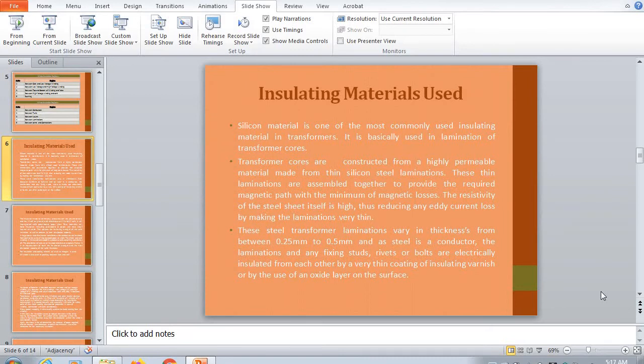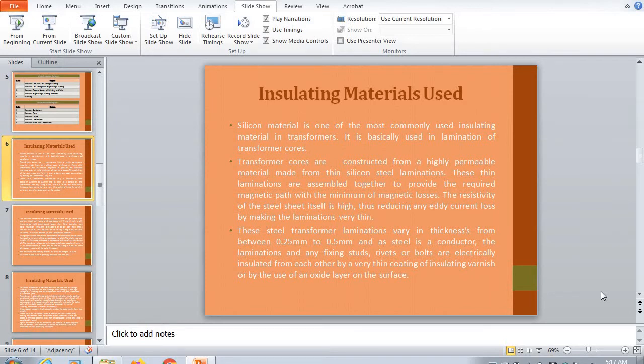Insulating materials that we use for these regions are as follows. Silicon material is one of the most commonly used insulating materials in transformers. It is basically used in the lamination of transformer cores. Transformer cores are constructed from highly permeable material made from thin silicon steel laminations. These thin laminations are assembled together to provide the required magnetic path with the minimum magnetic losses.